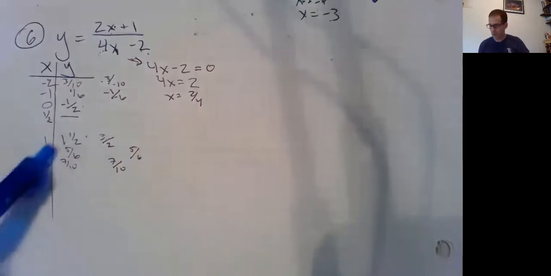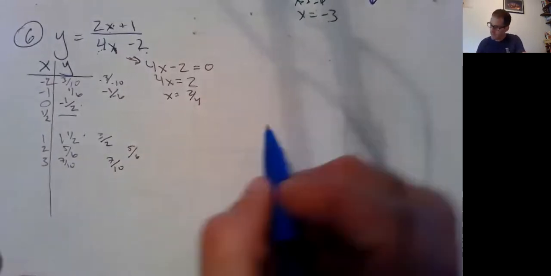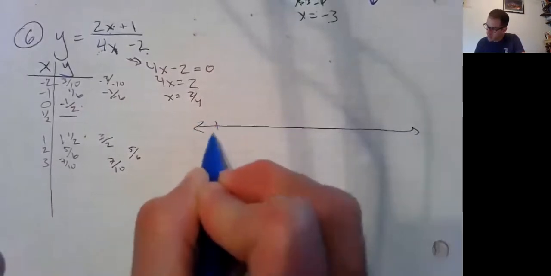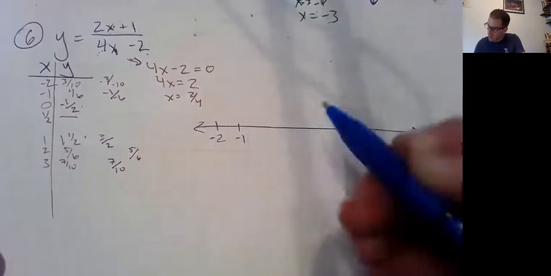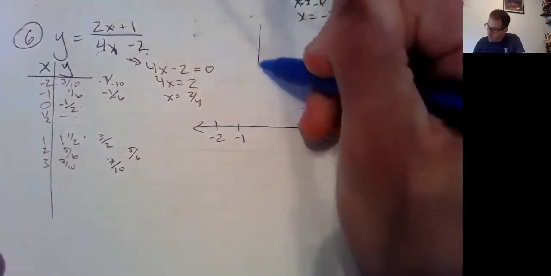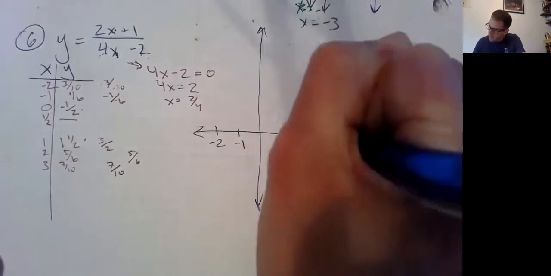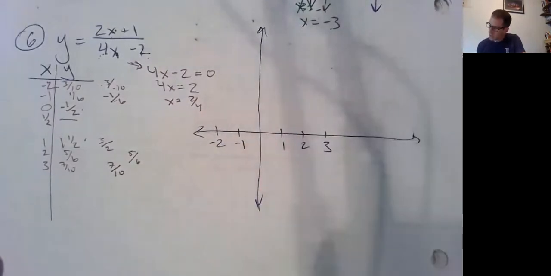My x-axis, however, still just goes from -2 to 3. So let's make my x-axis somewhere in the middle. Let's make this -2, -1. Here's my y-axis. Oh, I'm not getting very straight here. 1, 2, 3.